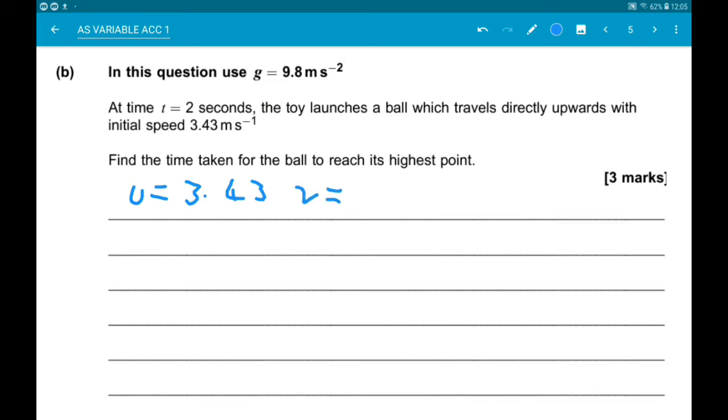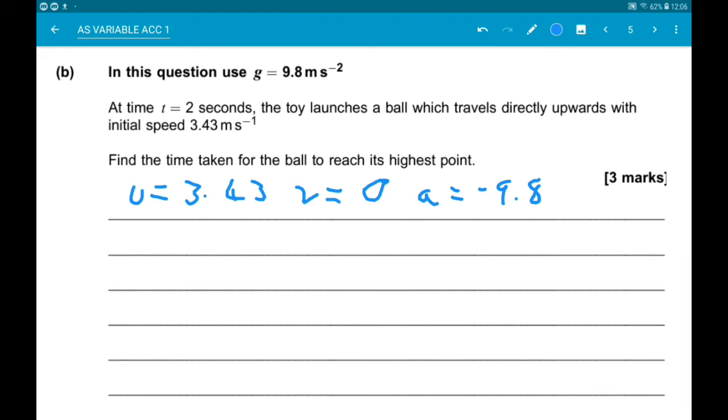Now we also know the final velocity we are interested in. At its highest point, it's stopped going up and is about to start going down. So its final velocity is 0. Acceleration is acting down, so minus 9.8. And we want t.